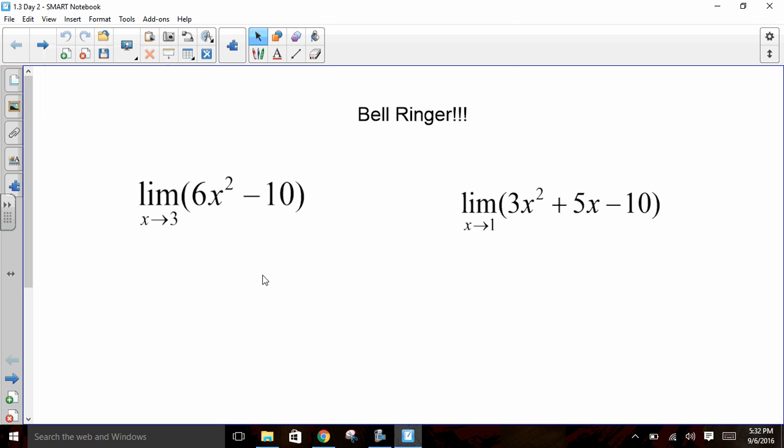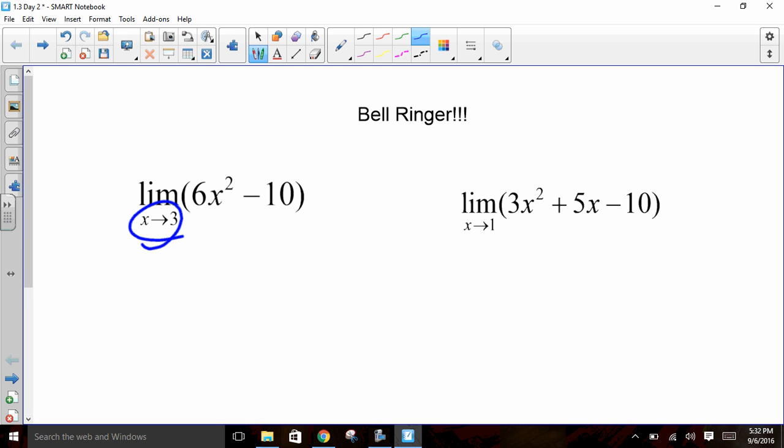So yesterday we talked about how we can find the limits of an expression or an equation by simply plugging in that value that we're looking for, as long as that value does not make my equation or expression not possible. So I have something squared, I have no fractions, so I have no denominators to worry about.